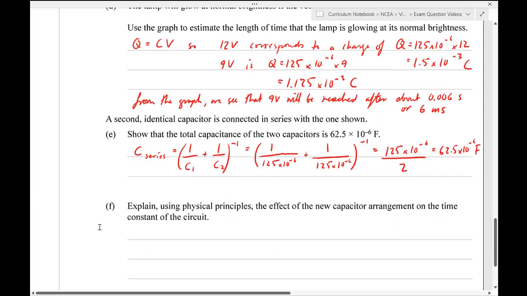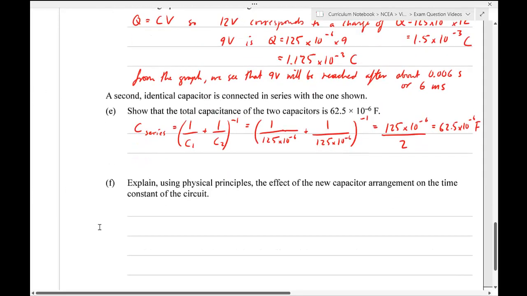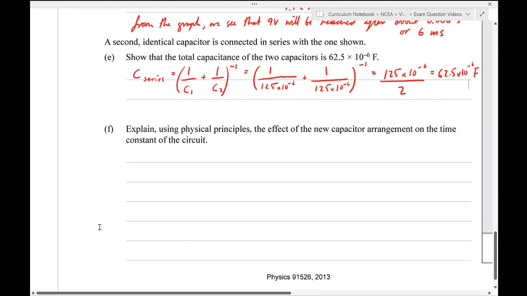Okay. Explain using physical principles the effect of the new capacitor arrangement on the time constant of the circuit. So we can say tau is equal to RC.